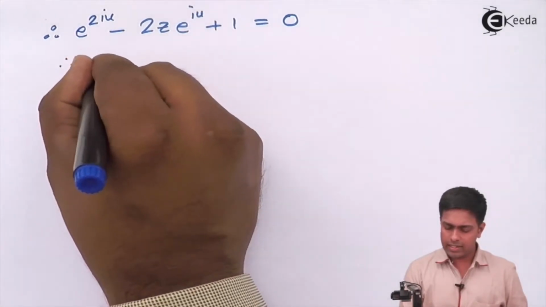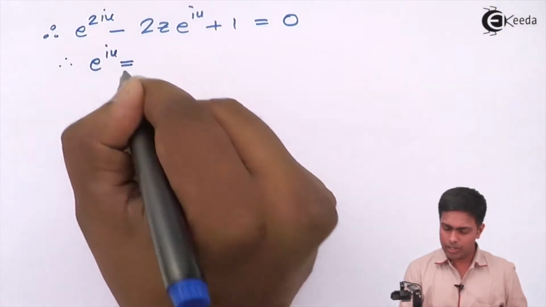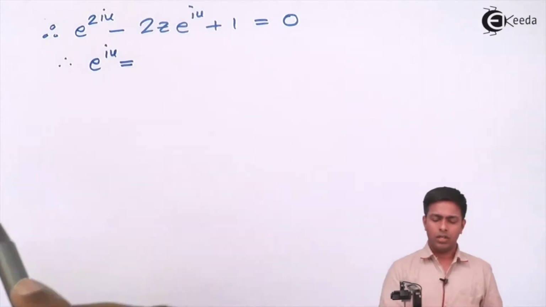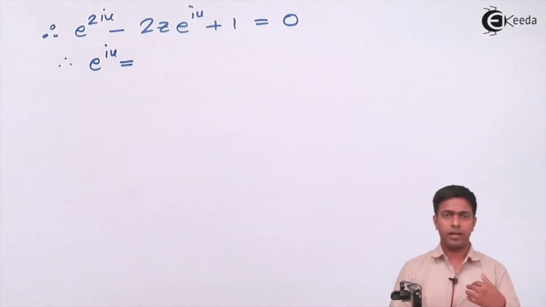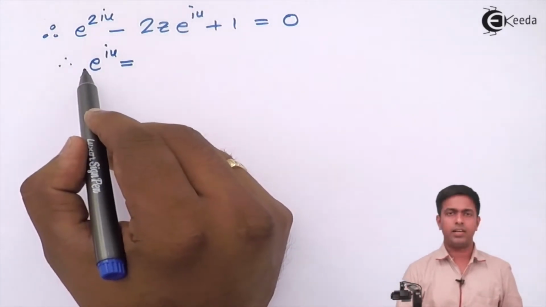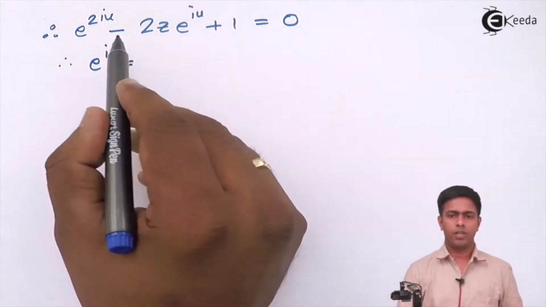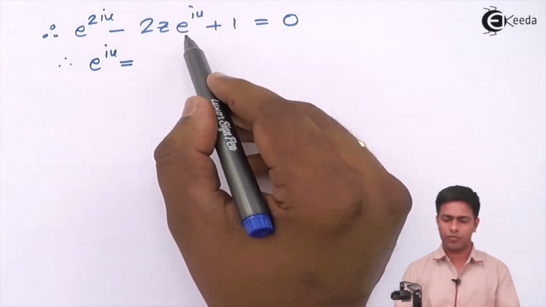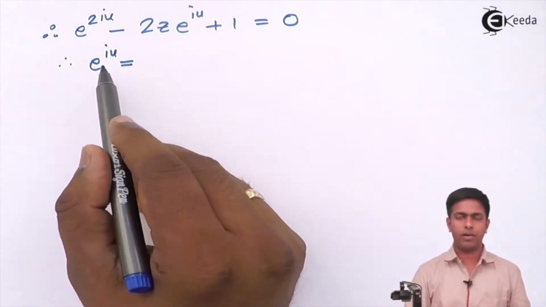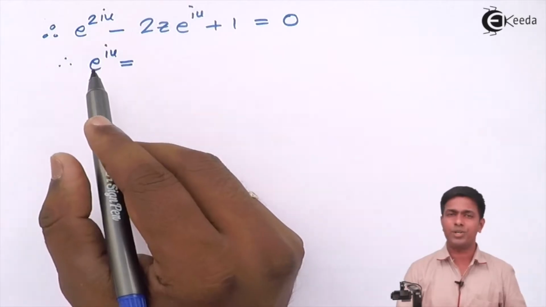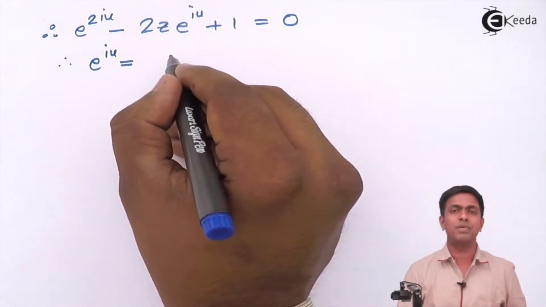So therefore here I'll say e to the power iu is equal to, because you must be knowing or you must remember that whenever we have a quadratic equation, x equals minus b plus or minus root of b square minus 4ac upon 2a. So similarly this equation is in terms of e to the power iu. So e to the power iu equal to, this will be minus b.